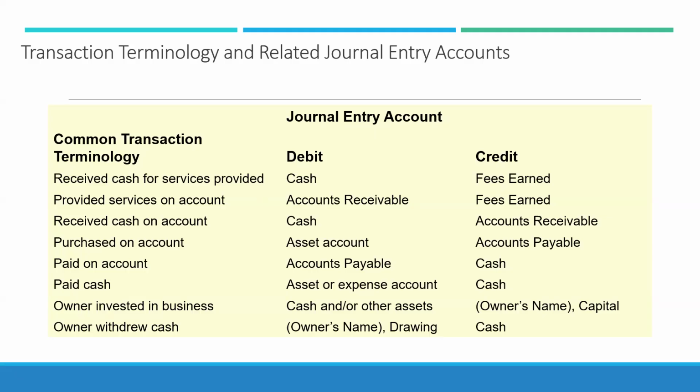Received cash on account. What that means is someone owed us money. So when they owe us money, and we receive the money on account, what happens to cash? It goes up. But they had an accounts receivable with us. They paid their accounts receivable.